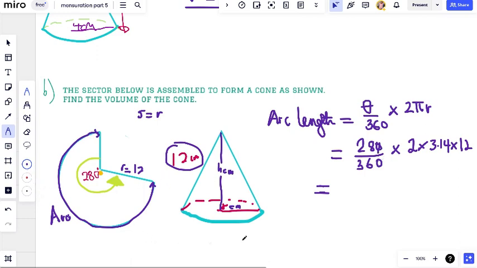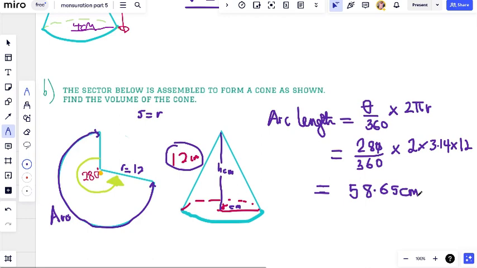So we get 58 point what? 0.65. So we get 58.665. You know, arc length is centimeter. So we put centimeter. So this is the length of our arc.